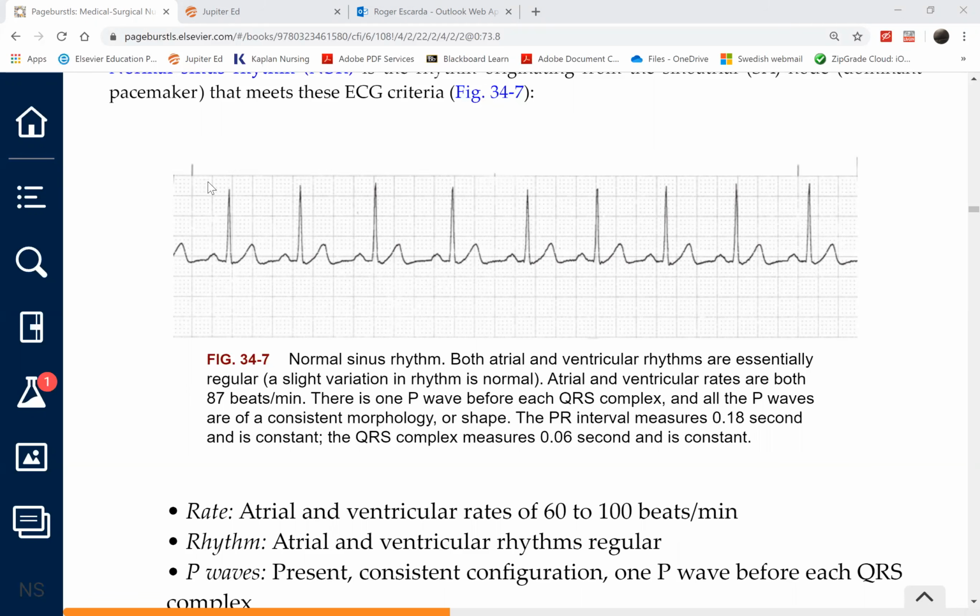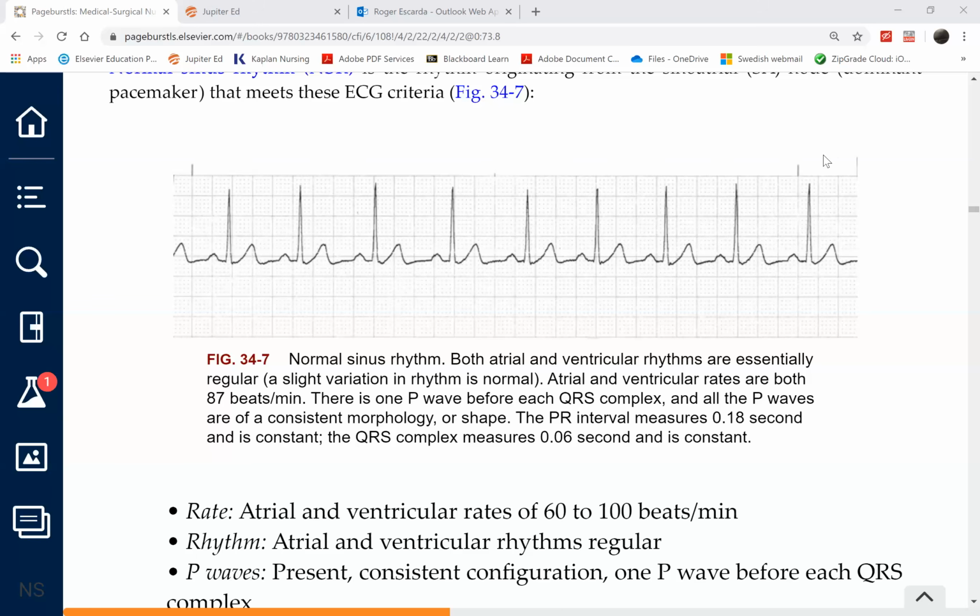If one big block is 0.2 seconds, let's count how many there are between this and this one. 1, 2, 3, 4, 5. That's 1 second. 1, 2, 3, 4, 5, 2 seconds. 1, 2, 3, 4, 5, 3 seconds. Agree with me? Yes. All right. So therefore, this is a 6-second strip.